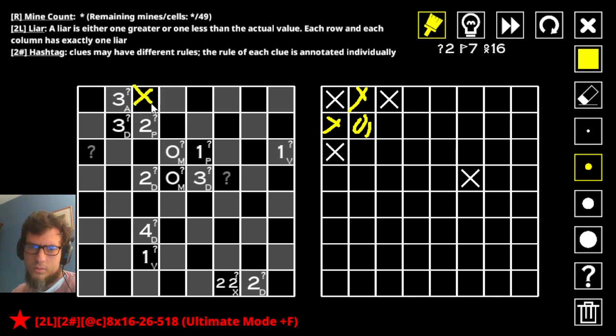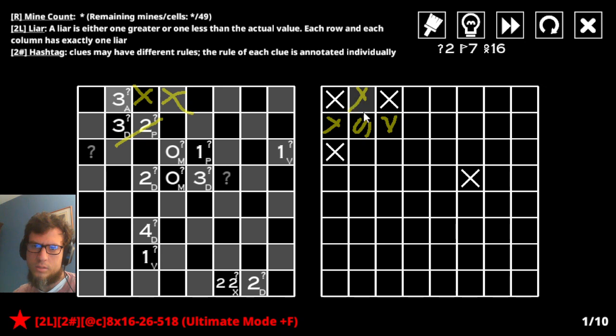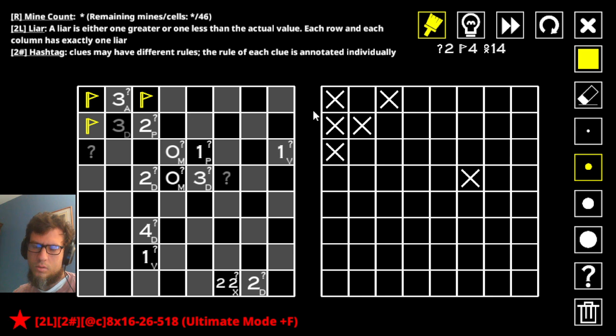Okay, you definitely need this, okay. And furthermore, this has to extend to here. And if that's the case, this 2, which is honest, would be dead. And so actually, you're not lying, and those are all mines. Okay. Now, if you are lying, then that's a mine, and none of these are, which would force this to also lie, which would put a mine here.